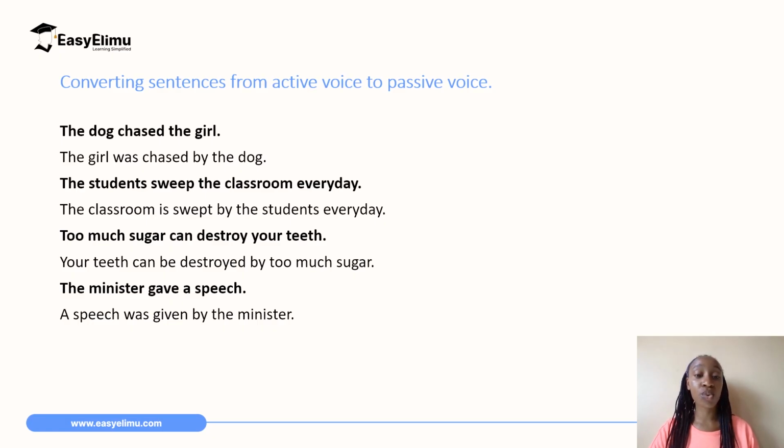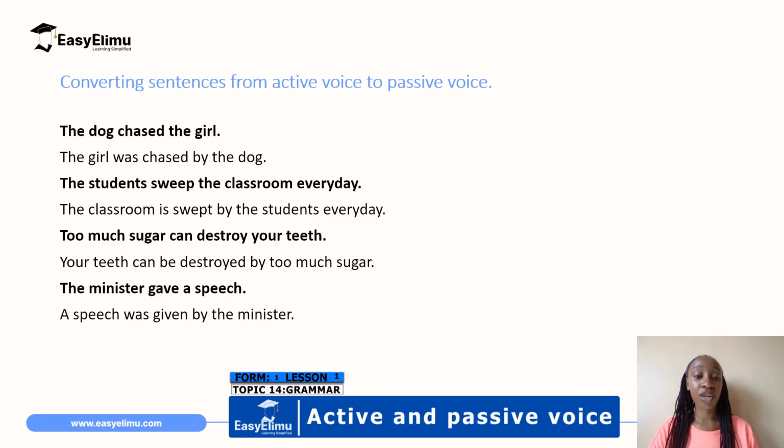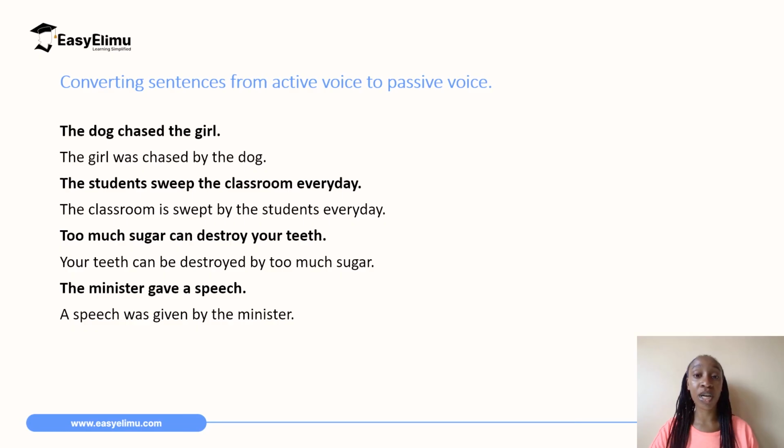The students sweep the classroom every day. The classroom is swept by the students every day. Too much sugar can destroy your teeth. Your teeth can be destroyed by too much sugar. And lastly, the minister gave a speech. A speech was given by the minister.